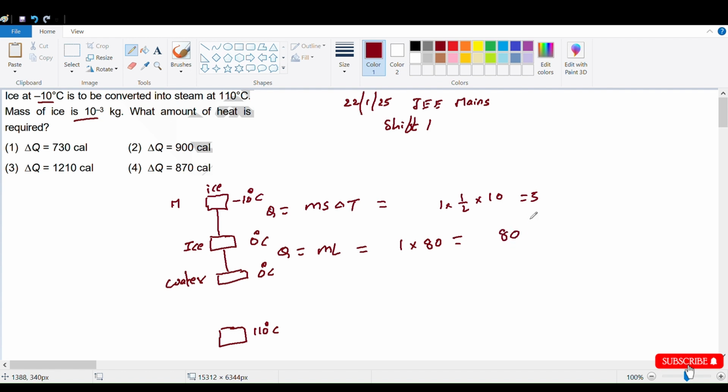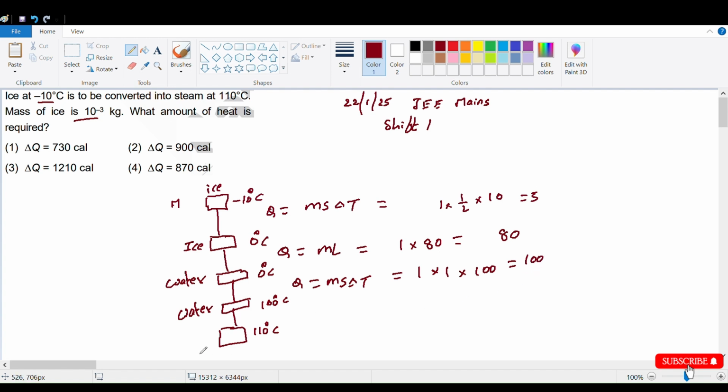So it is 80. So 80 plus 5, 85 till now. Now it will reach water again at 100 degrees Celsius because the boiling point of water is 100 degrees Celsius. Now temperature increased, so use the formula m s delta T. M value 1 gram, specific heat of water 1, delta T 100. So it is 100 calories required.